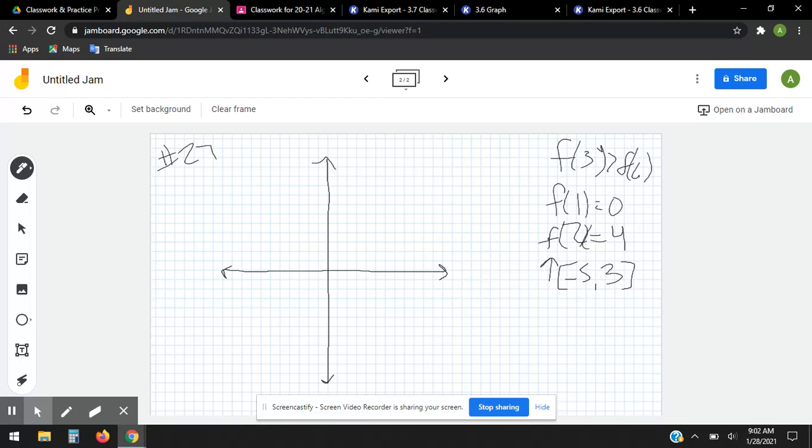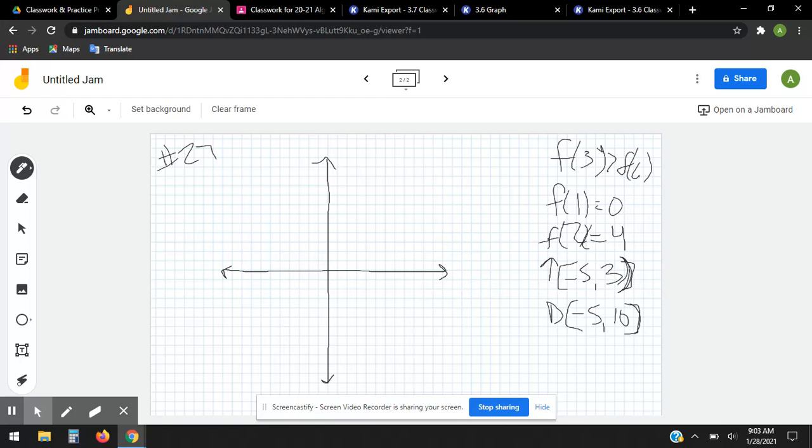Those are inside. Oh, 3 is an open parenthesis. And then a domain is negative 5 to 10, inclusive.